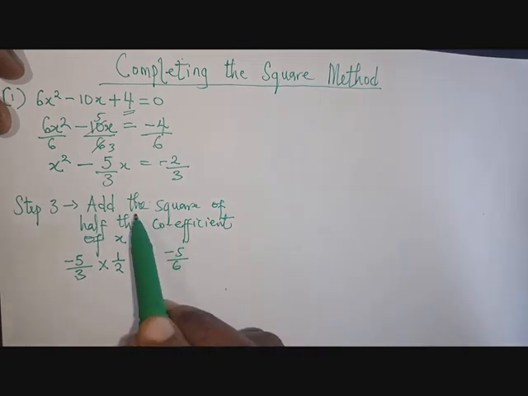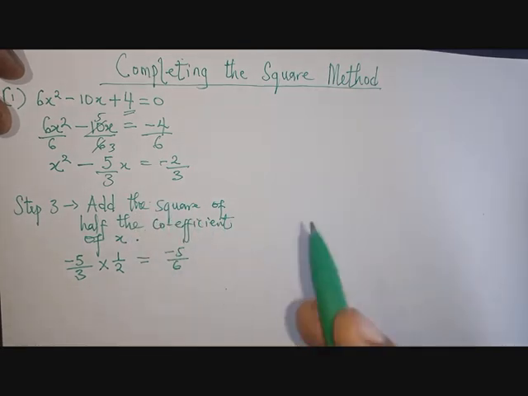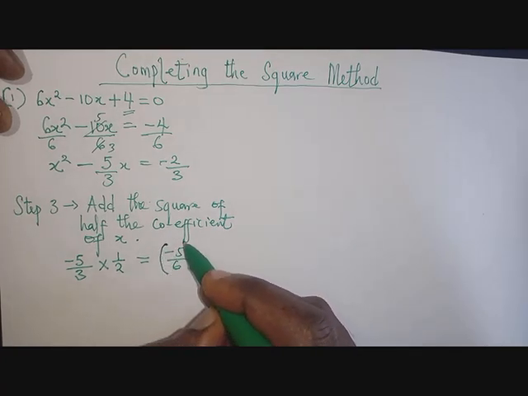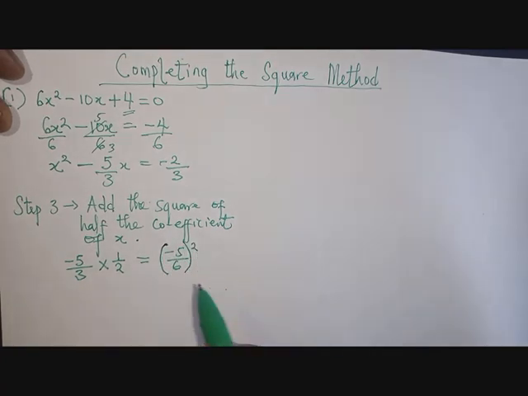Now, they say add the square of half the coefficient of x. So we are going to now square it. This particular term is what we're going to be adding to both sides of the equation.